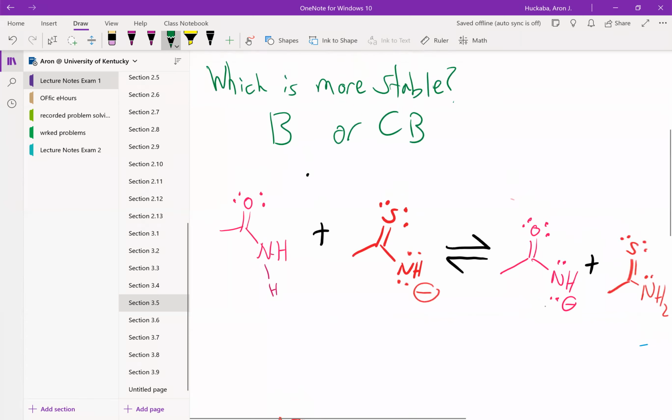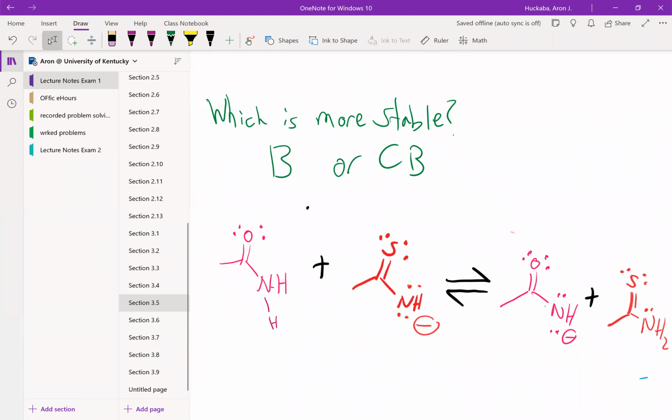All right, so the first question is, which of these is an acid and which of these is a base? So just like before, it looks like this chemical is an acid because it has lost a proton in the products, which makes this the conjugate base.